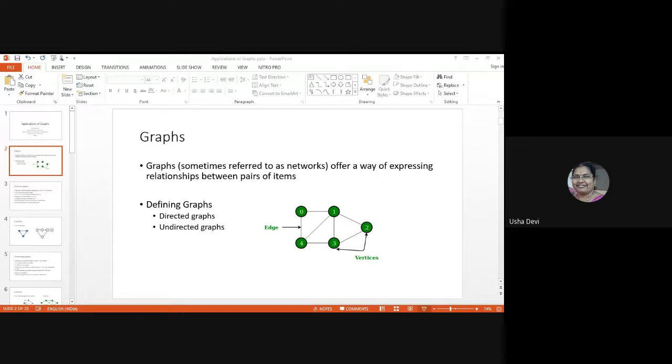These are some examples of undirected graphs. Just see here, there are 4 vertices connected in some fashion, and all these are edges. From here to there you may use this path, and similarly from here to there, either this or this. So multiple paths are possible in undirected graphs. Similarly, a 6-vertex undirected graph is shown, having 9 different edges. If you want to transfer anything from 1 to 6, there are many paths available.